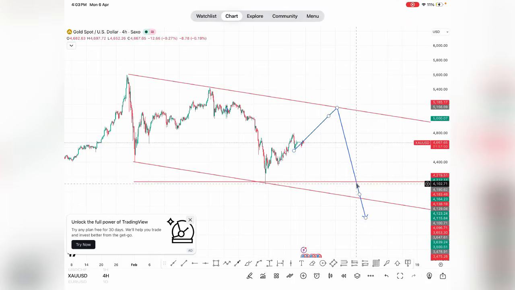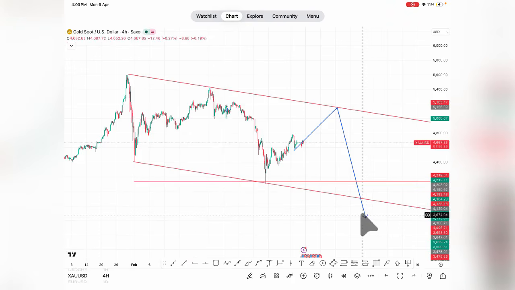Now, the possibility that there's going to be a breakout is high. But until the market moves further down to where the arrow is currently drawn, we cannot justify our point to say that the market is still moving in a downward trend.